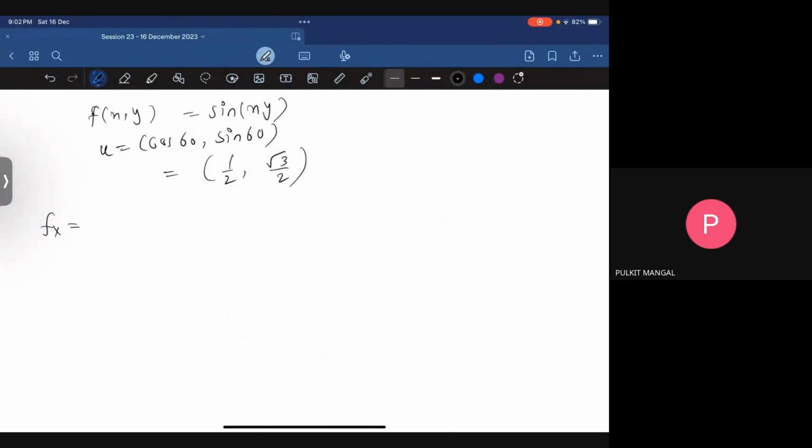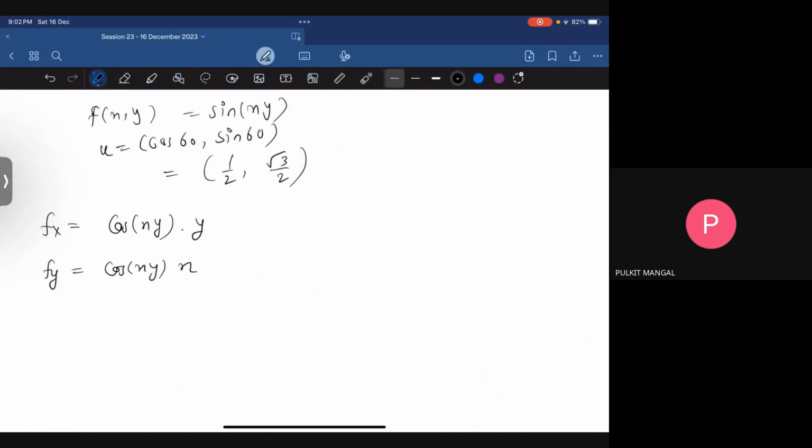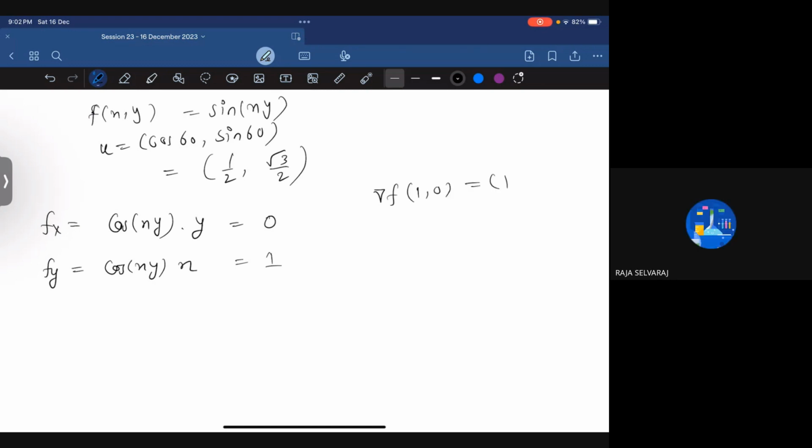Let's take the partial derivative with respect to x: cos xy times y. f_y would be cos xy times x. At the point 1 comma 0, f_x is cos 0, that is 1, times y, which is 0, so it is 0. f_y is cos 0, which is 1, times x, which is 1, so it is 1.